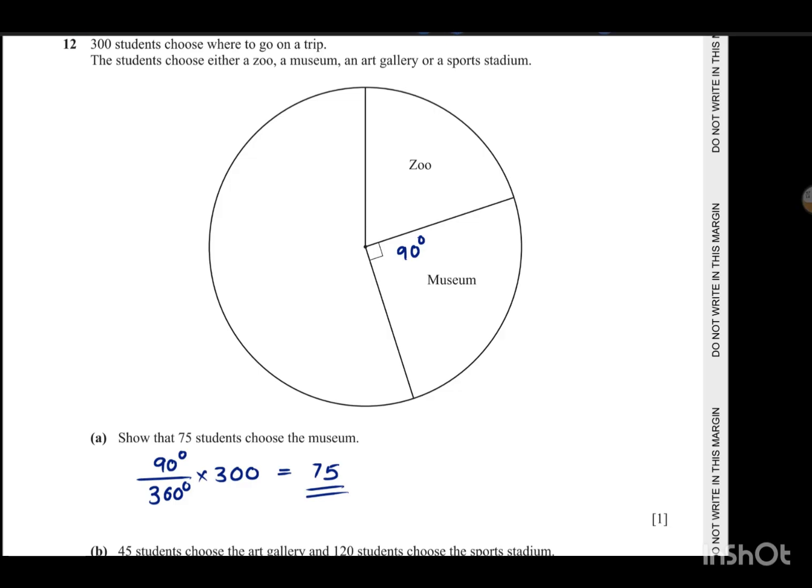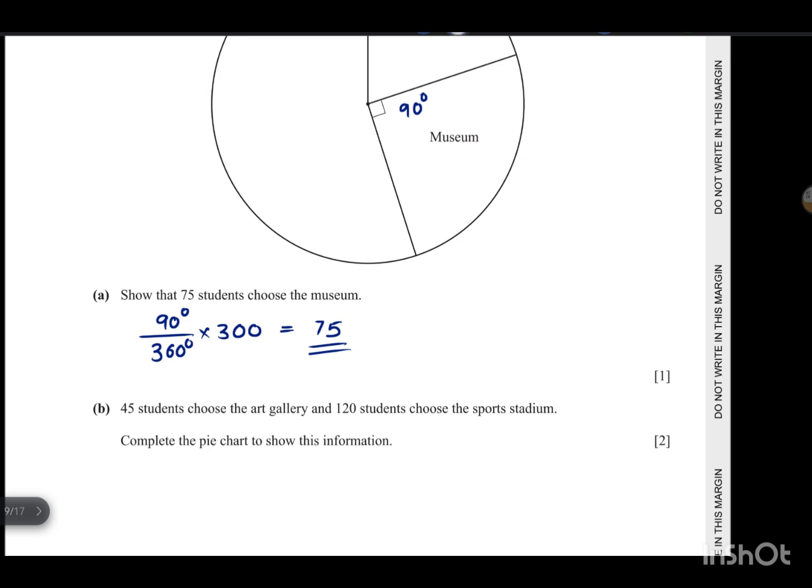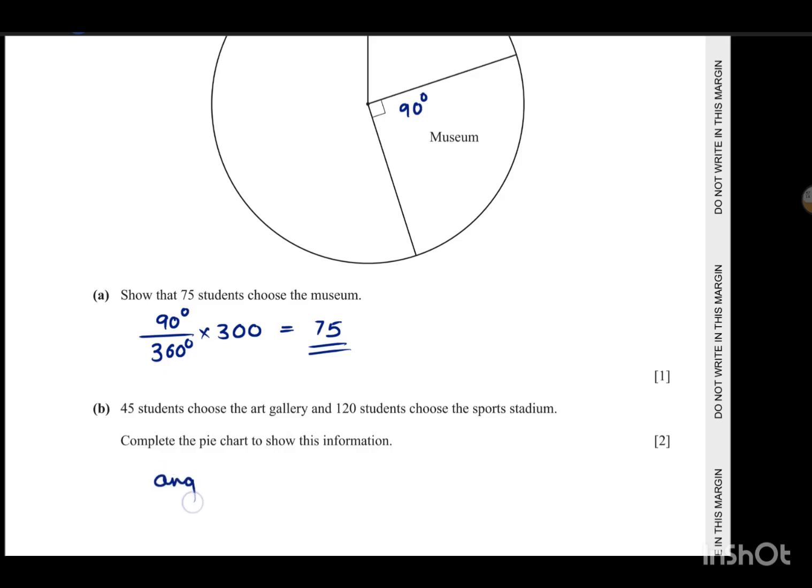Question number B now. 45 students choose the art gallery and 120 students choose the sports stadium. Complete the pie chart to show this information. To complete the pie chart, we need the angles. So the angle of art gallery: 45 students out of 300, then multiply this with 360.